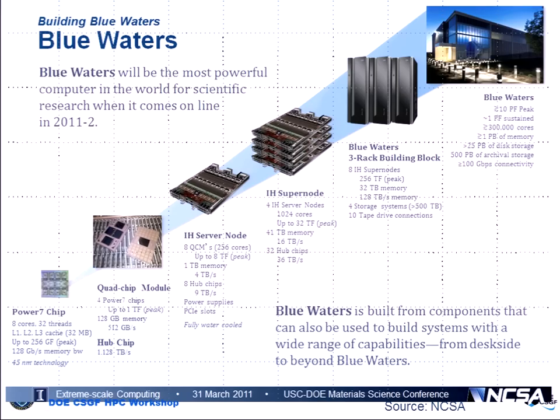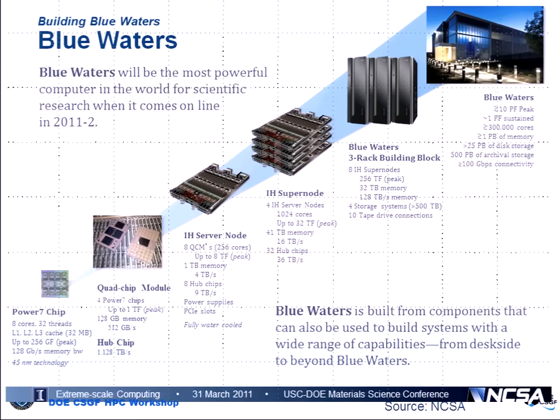Now, the system is just starting to be installed now, and nodes are starting to roll off the factory floor. But when it's all said and done, the system will have 10 petaflops of peak. They're expecting at least 3 applications to have more than 1 petaflop sustained. It's going to have over 300,000 cores. So you can see these things increasing.